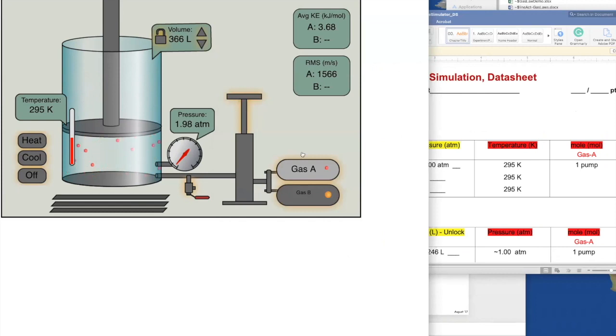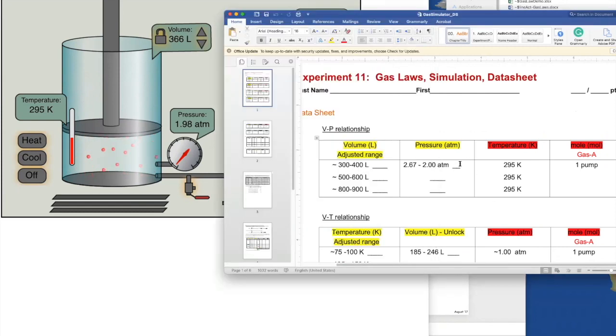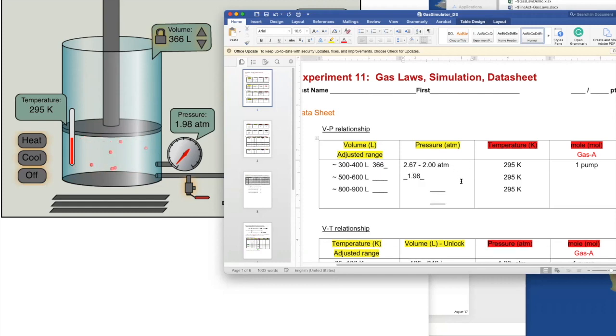Now put in the pressure. For whatever pressure you have, you've got to write down the value. The volume that I've adjusted this to is 366. The pressure is 1.98. So that would be my first data point.